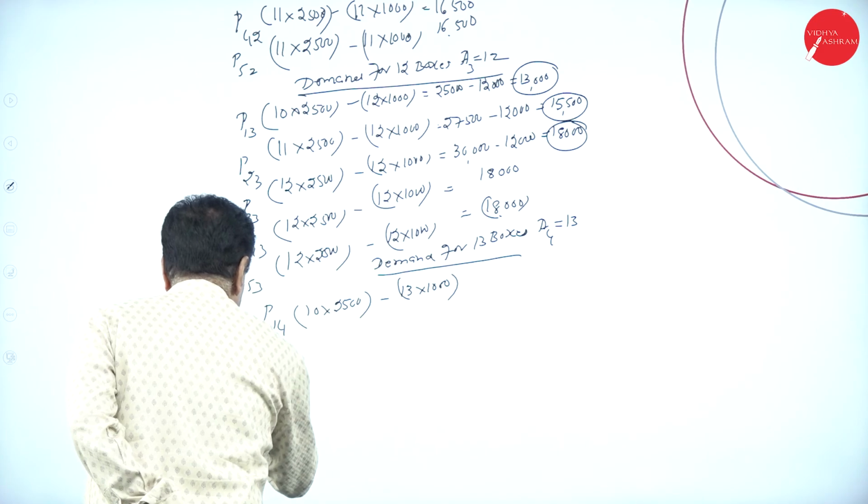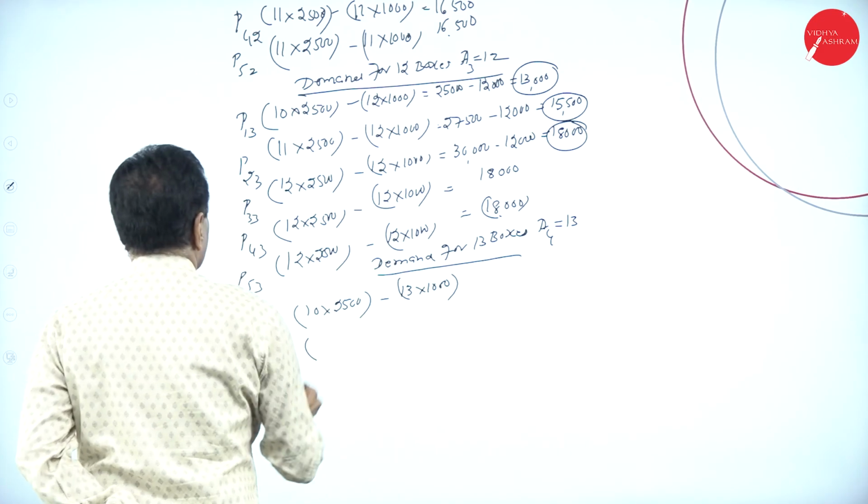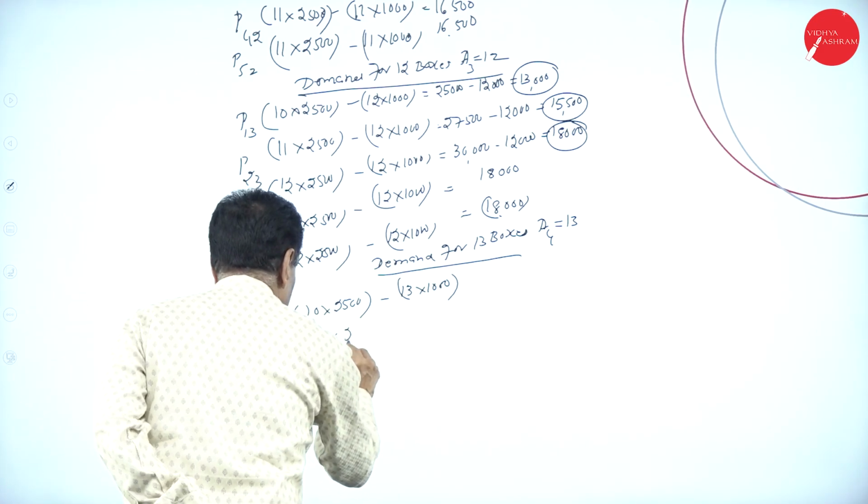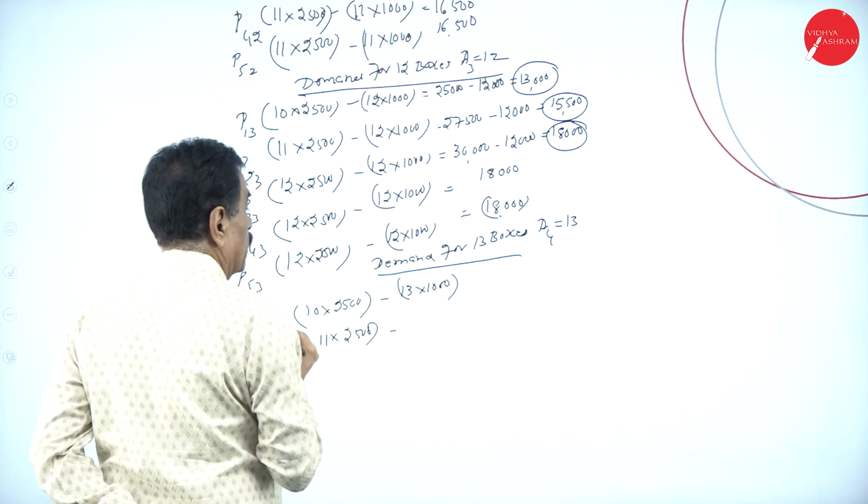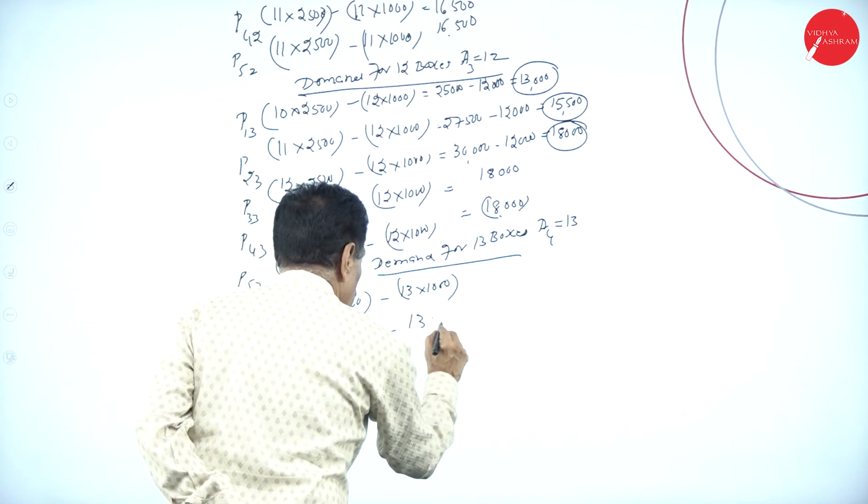Then P24: 11 into 2,500 minus 13 into 1,000.